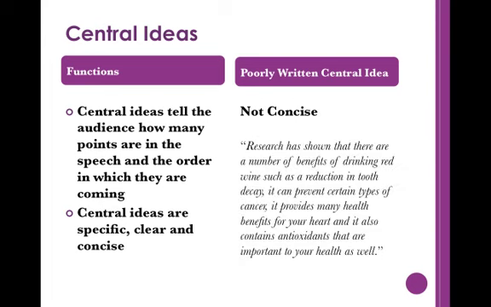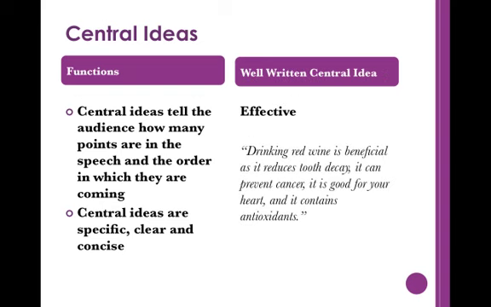Research has shown that there are a number of benefits of drinking red wine, such as a reduction in tooth decay. It can prevent certain types of cancer. It provides many health benefits for your heart, and it also contains antioxidants that are important to your health as well. Drinking red wine is beneficial as it reduces tooth decay. It can prevent cancer, it is good for your heart, and it contains antioxidants.